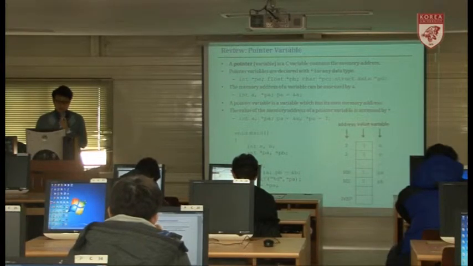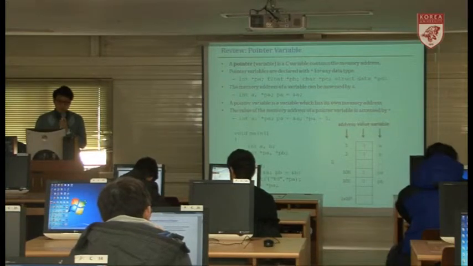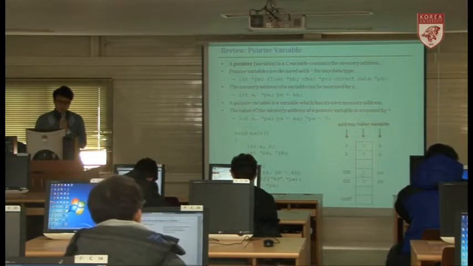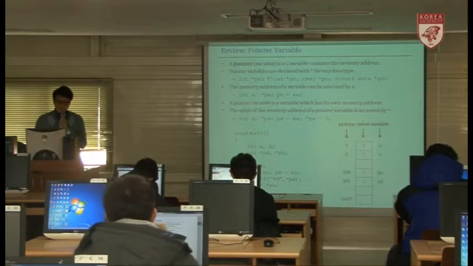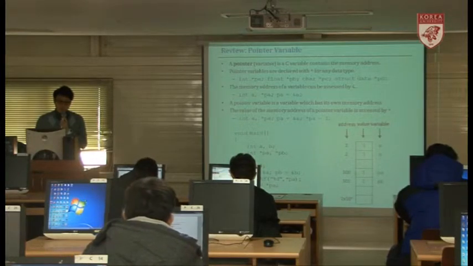In this way, if we declare A and B, their memory addresses are 1 and 2. If we also declare PA and PB, because PA and PB are also variables in C, they also need memory space. So PA is stored at memory address 100 and PB is stored at memory address 101.